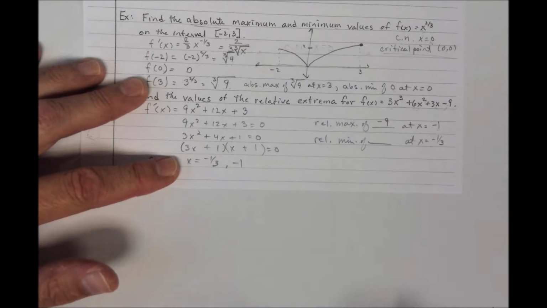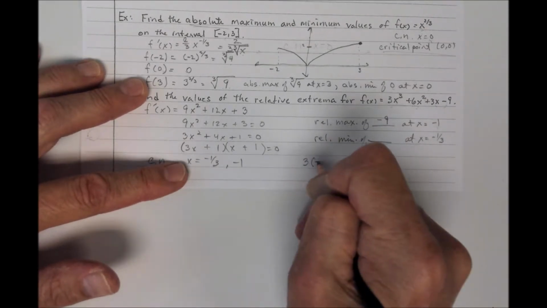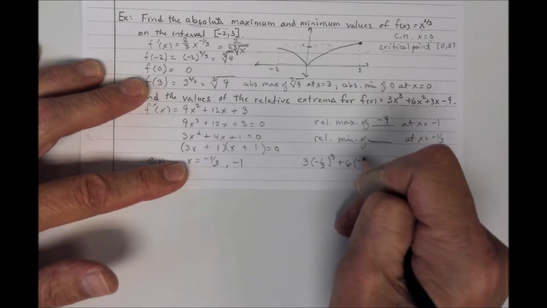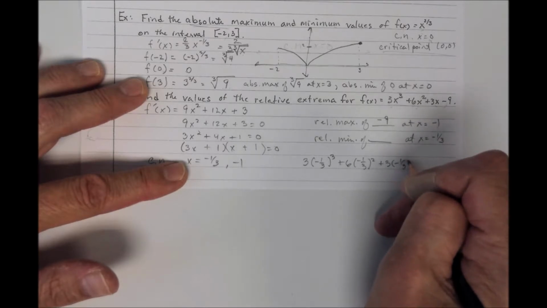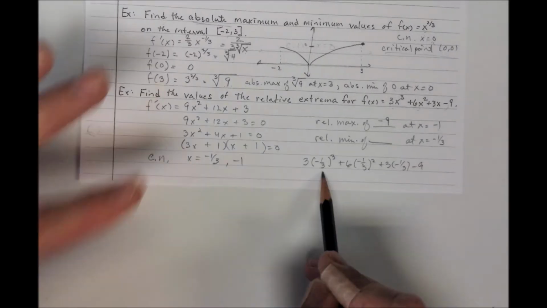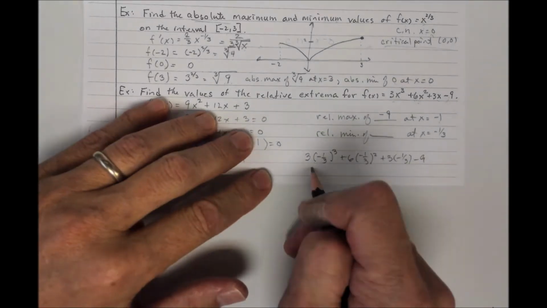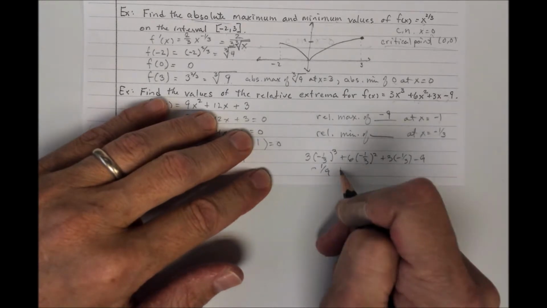On the other hand, negative 1/3 is going to be a little bit more of a pain. 3 times negative 1/3 to the third power plus 6 times negative 1/3 to the second power plus 3 times negative 1/3 minus 9. See, that's negative 1/27 times 3, which is negative 1/9. And this is going to be 1/9, so this would be plus 2/3.